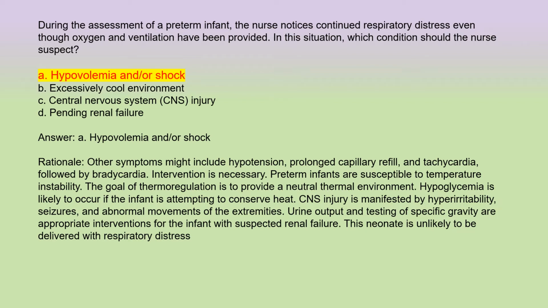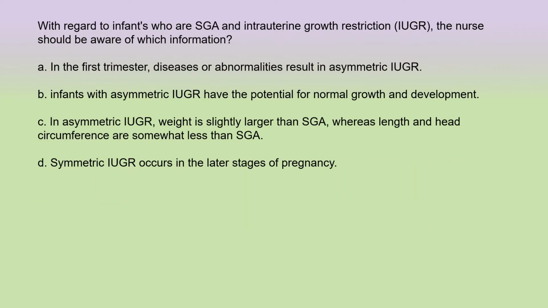This neonate is unlikely to be delivered with respiratory distress. With regard to infants who are SGA and have intrauterine growth restriction, IUGR, the nurse should be aware of which information. A. In the first trimester, diseases or abnormalities result in asymmetric IUGR.